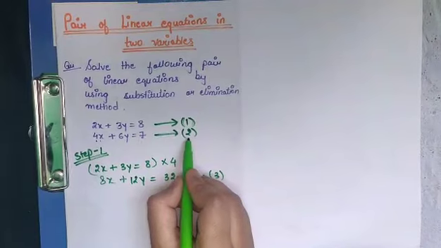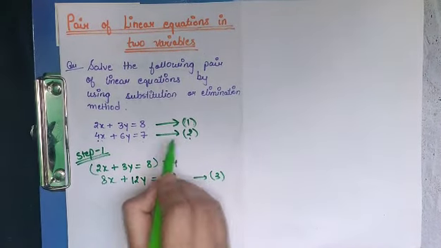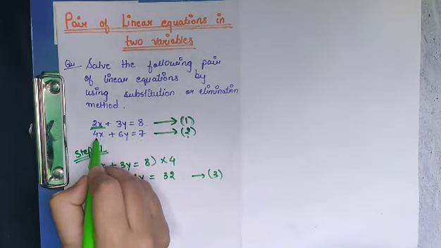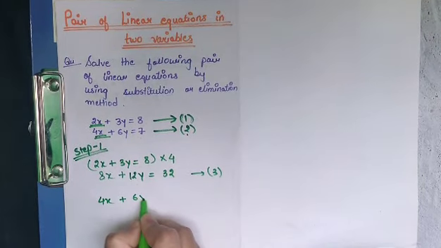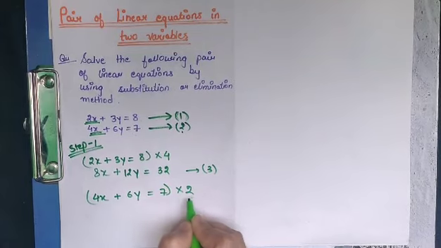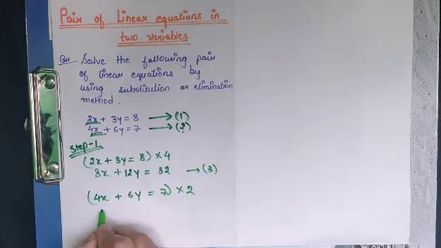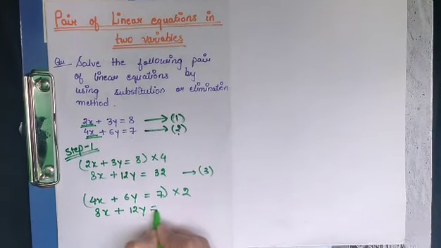Now we will multiply equation second by the coefficient of x of equation 1. Here the coefficient of x is 2. So we will multiply equation second by 2. 4x plus 6y equals 7 multiply by 2. So 8x plus 12y equal 14.